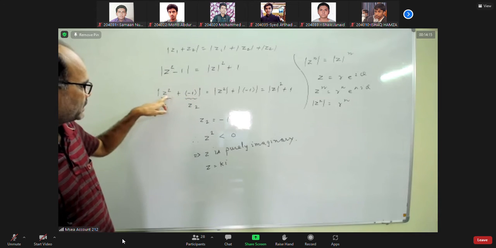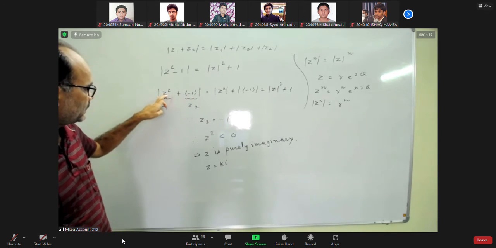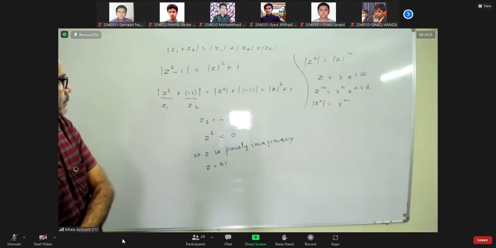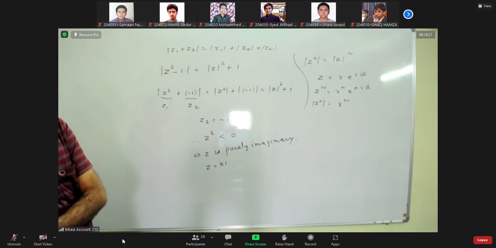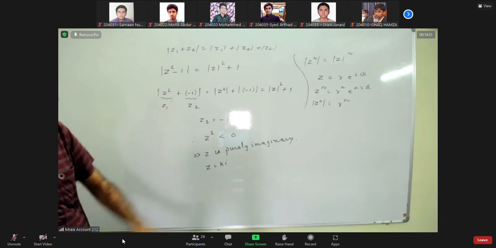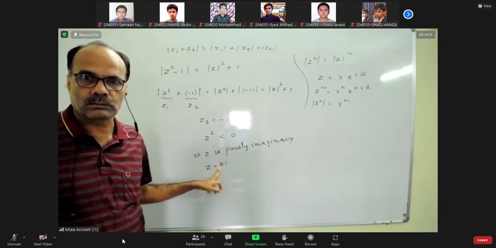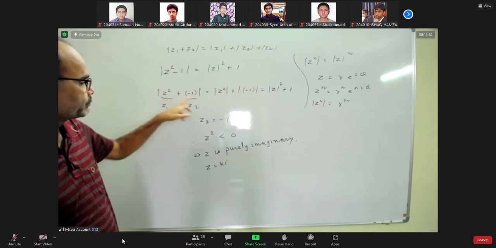Both the complex numbers should have the same sign since it is negative. It has to be negative. So z square is negative if z is purely imaginary. k can be positive or k can be negative. So z square will be minus k square. Z square is minus k square. So both are negative.